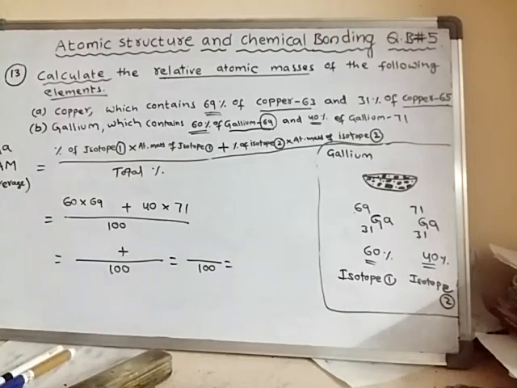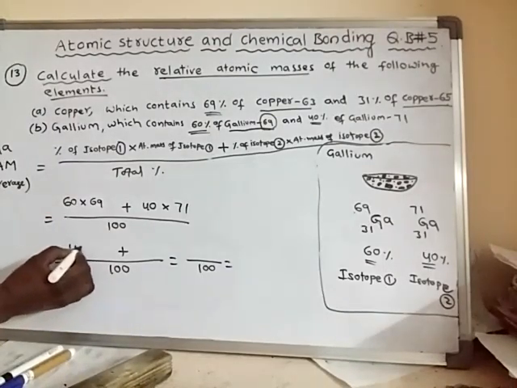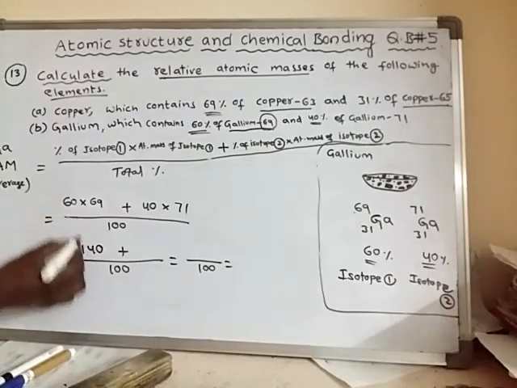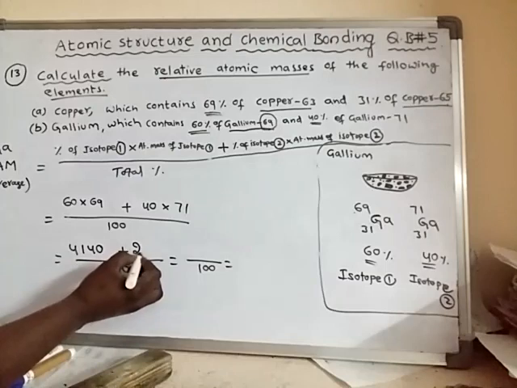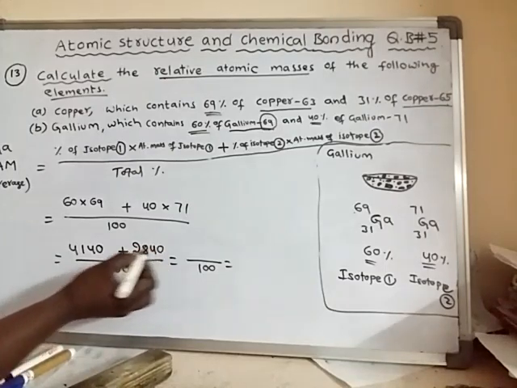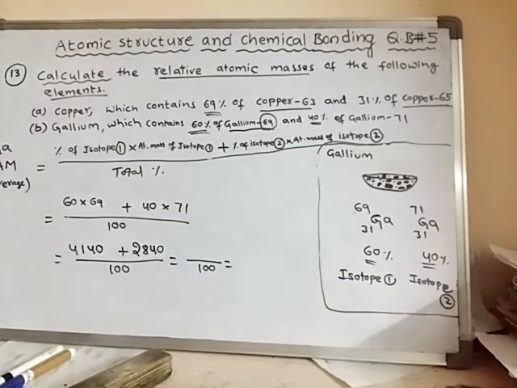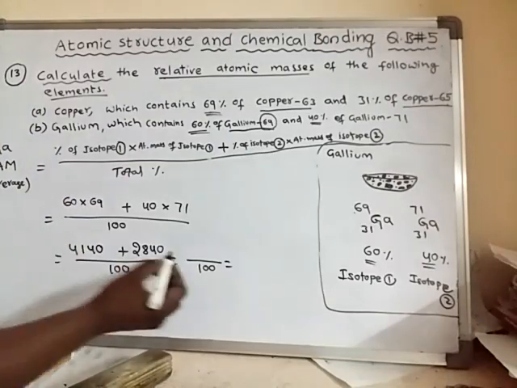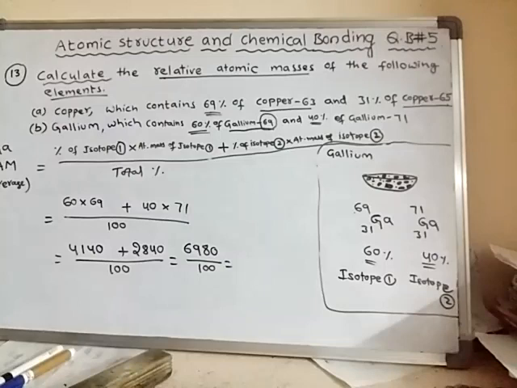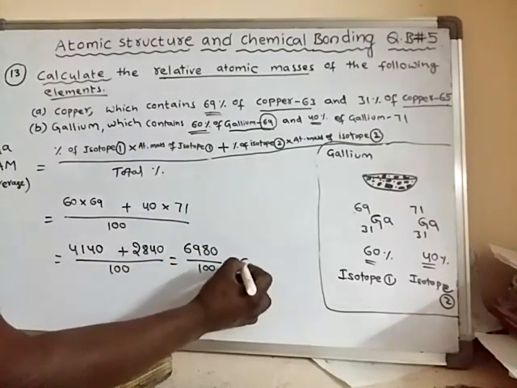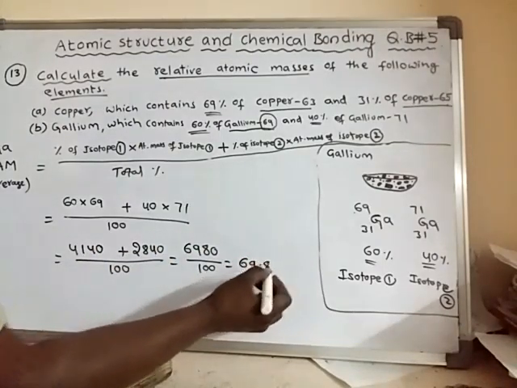Upon calculation we get 4140 plus 2840 by 100, which is 6980 by 100, so it is equal to 69.8.